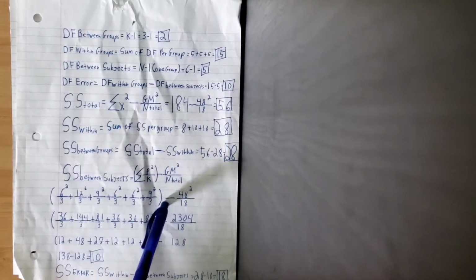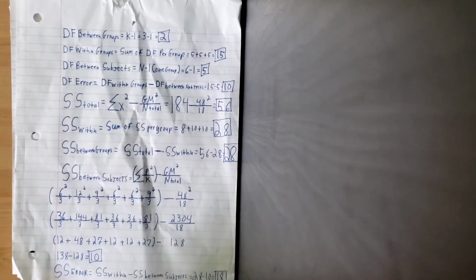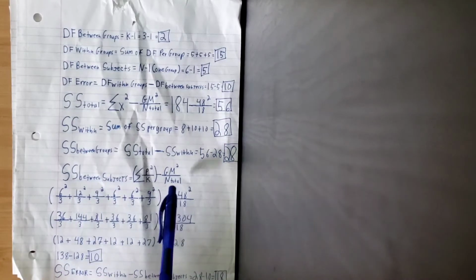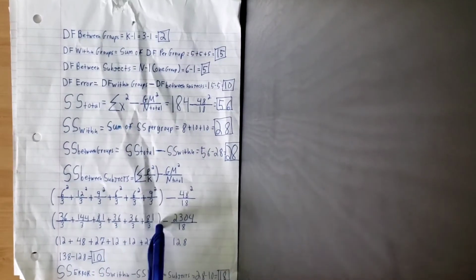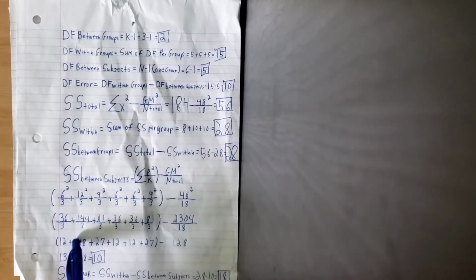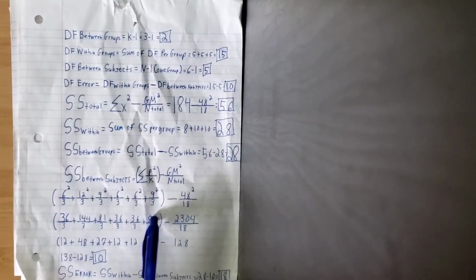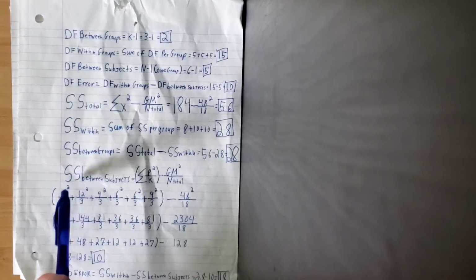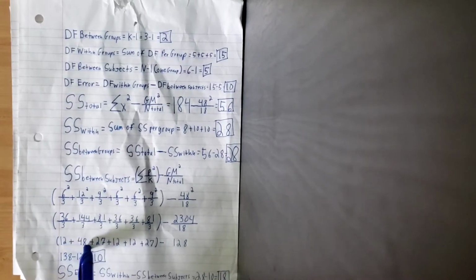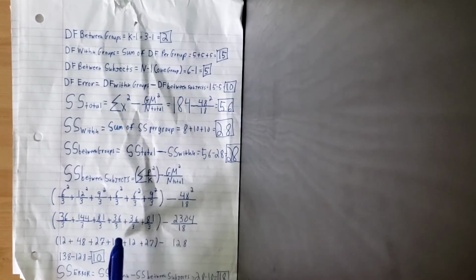Do this function first by itself, and do this function by itself, which is the gram mean over N total. So if you go down to the second line here, you'll see 36 divided by 3, and then the final numbers for these is right here.